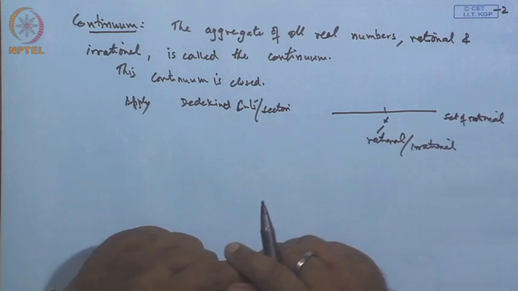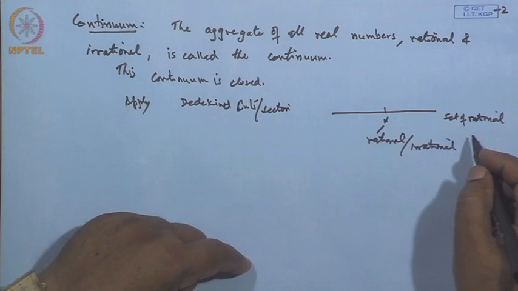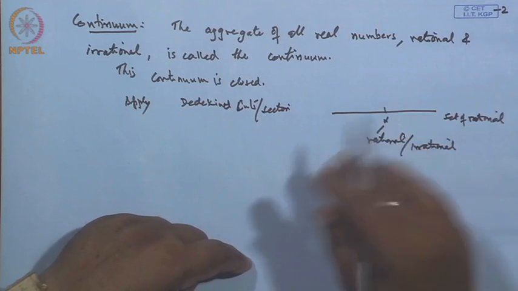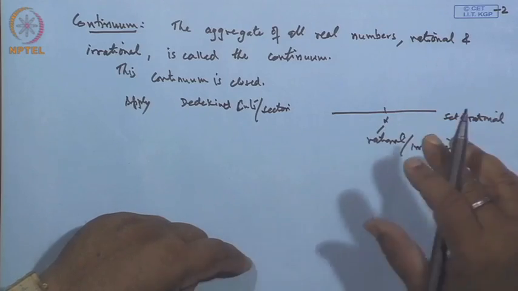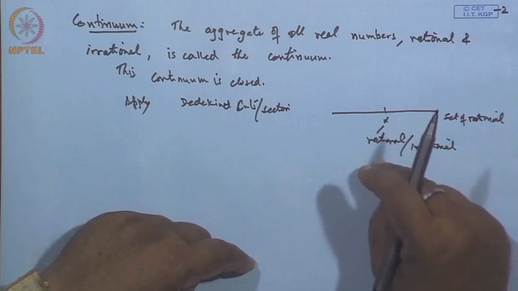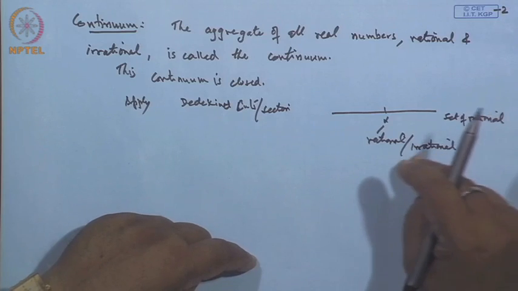When we apply the Dedekind theory over the set of rational numbers, it basically gives you the sections, and the collection of all these sections gives the real numbers, that is the continuum. The sections which you are getting correspond to a number which may be rational or may be irrational.